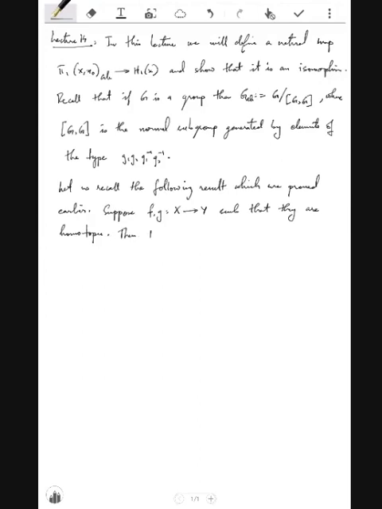Then the induced maps on chain complexes, f dot and g dot, from C dot X to C dot Y are homotopic.